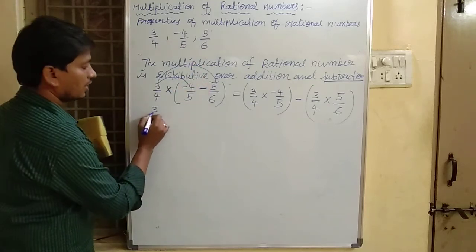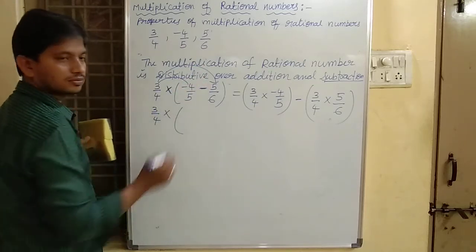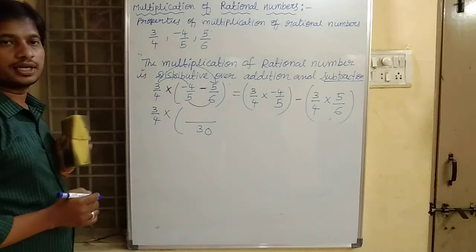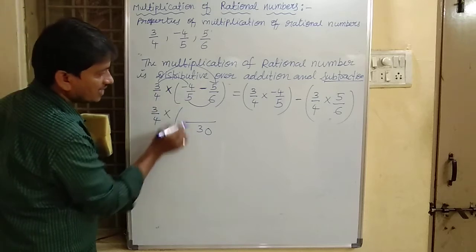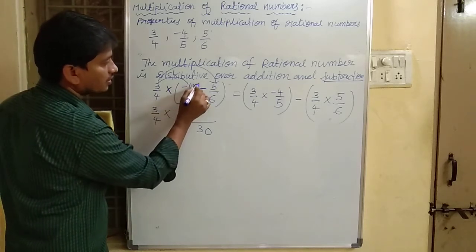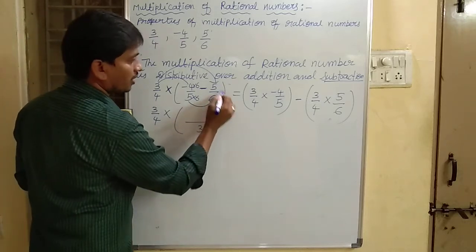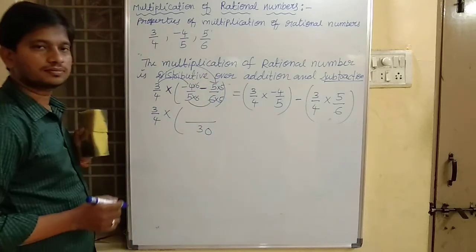Okay, here 3 by 4 into, LCM of 5 and 6 is 30. 5 sixes are 30, into 6; 6 fives are 30, into 5.